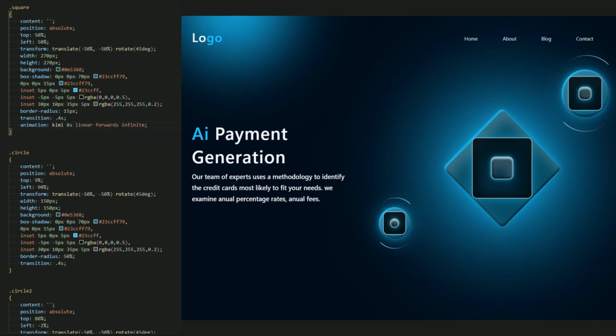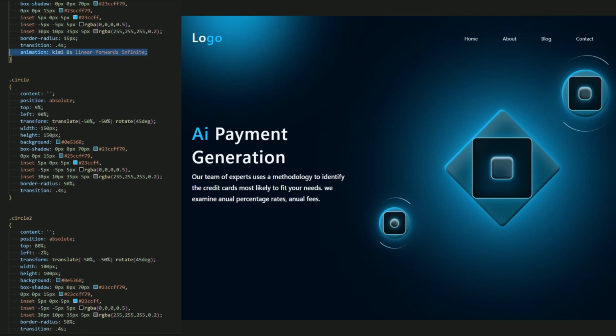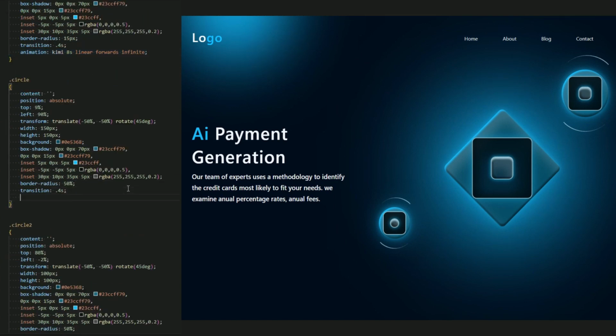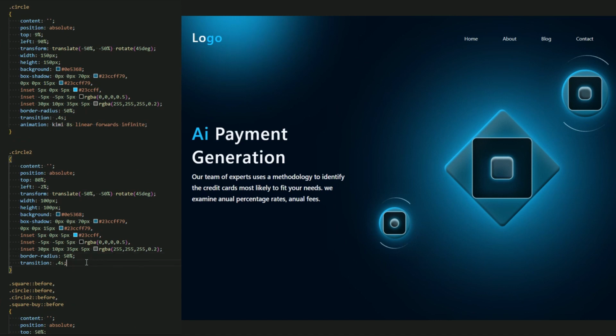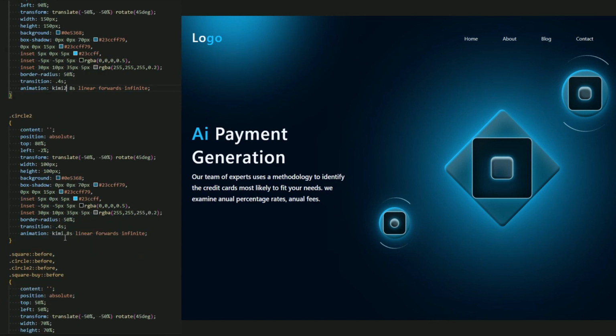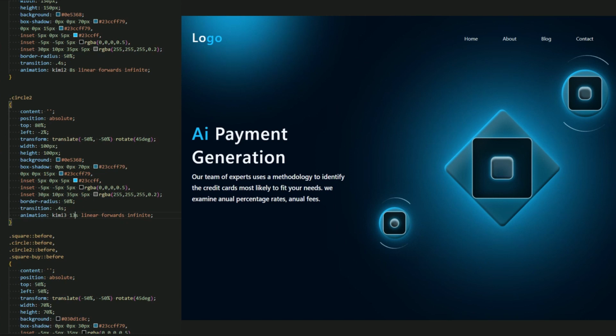Now for the circle 2 and the circle, let me just copy paste. Okay, this be a Shimmy 2, this be a Shimmy 3. And for the time of the animation, this be a 13 second, yes, good.